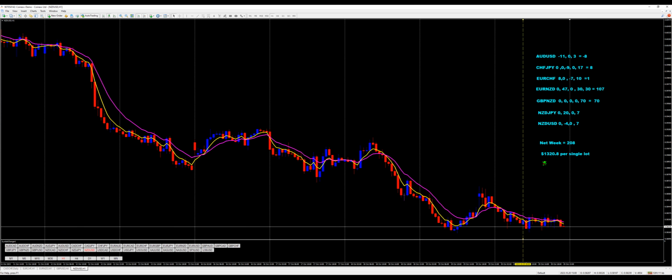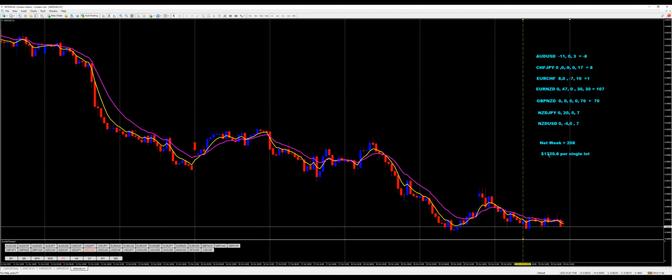That's a little more than 1% for that week. You do 4 to 5% a month. And this week was not a very good week. But that's basically what the trades look like.